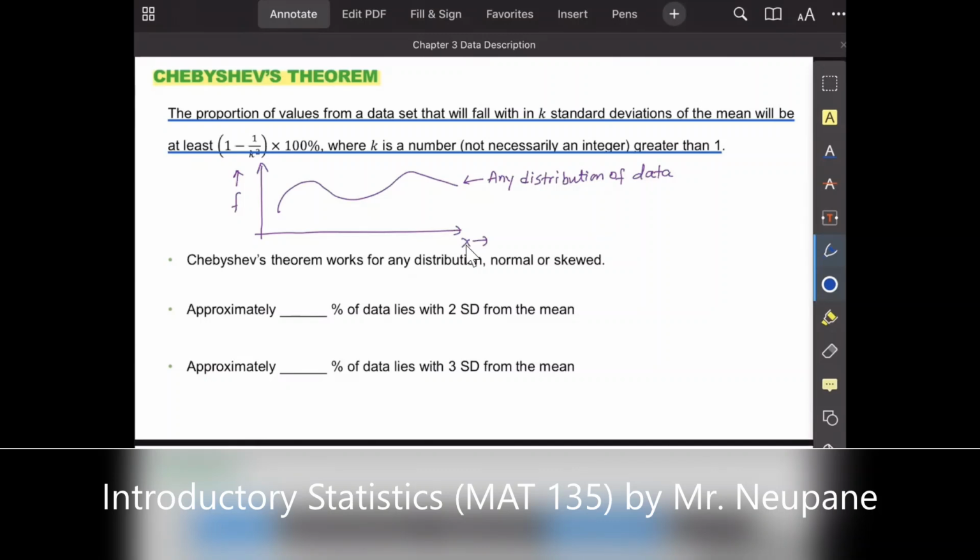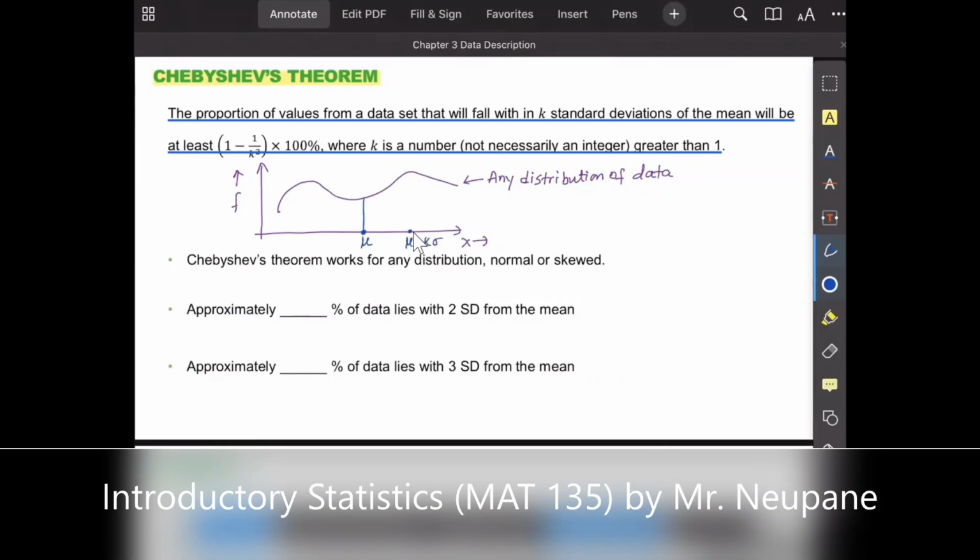Now, suppose for this distribution, the mean is here in the middle, say mean mu. Now, what we are going to do is, we are going to go k standard deviation above and below the mean. So from the mean, I'm going to add k times the standard deviation, so I'm here at mean plus k standard deviation.